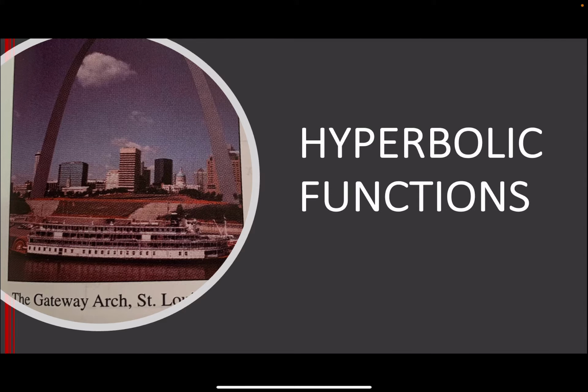Most people think that it is taller, but this is the result of a common optical illusion. In fact, the arch has the same width as height. It is not a parabola. The shape corresponds to the graph of the hyperbolic cosine function, also called a catenary. So in this chapter, we will study this function and other hyperbolic functions.